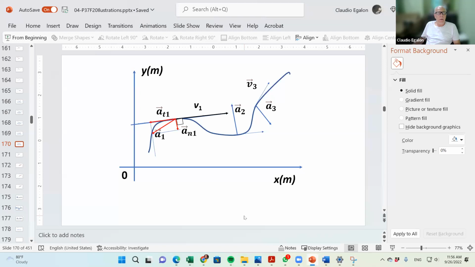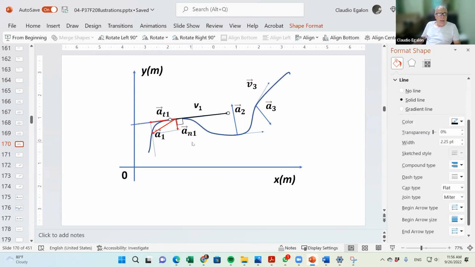So going back here. Now, because this tangential component of the acceleration is going against the velocity vector, what does it mean? It means that a little bit later on, this velocity vector is going to shrink in length.